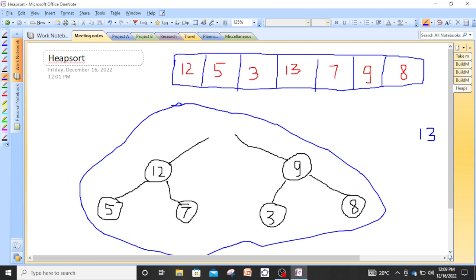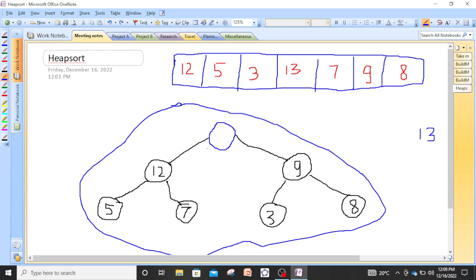So to maintain the heap, this place is vacant. This circle must be filled, and this circle is filled by the last element, and you see the last element is this one, 8. So the last element will take the place of the root node.